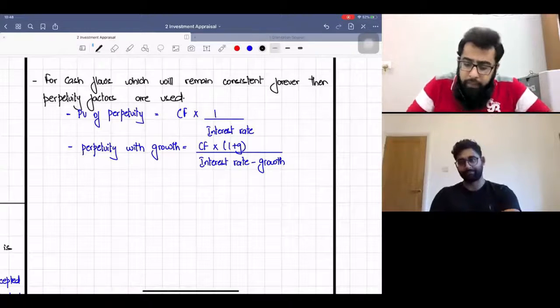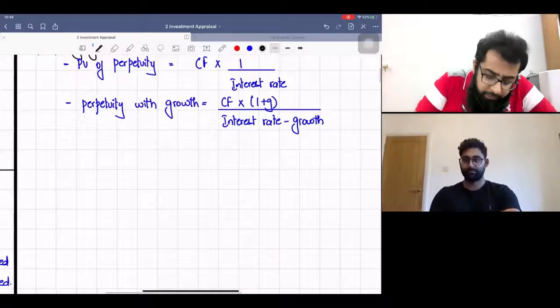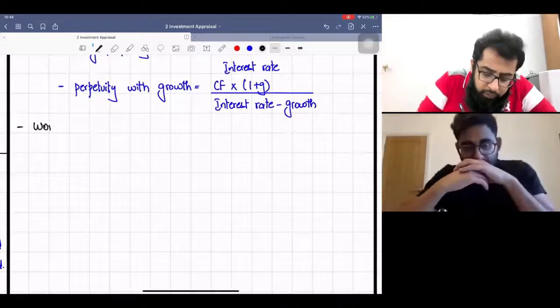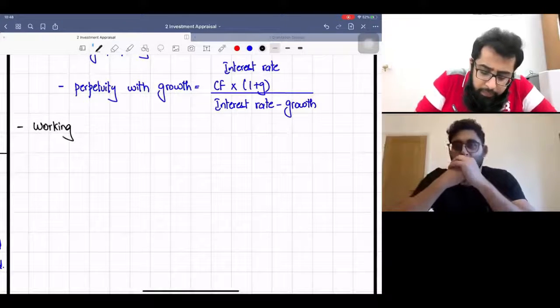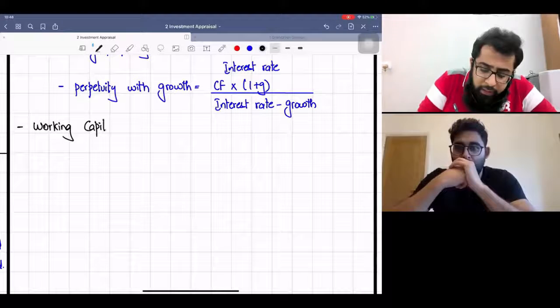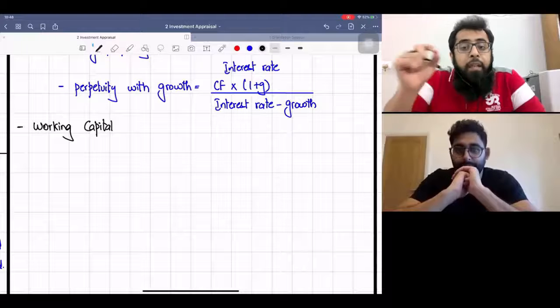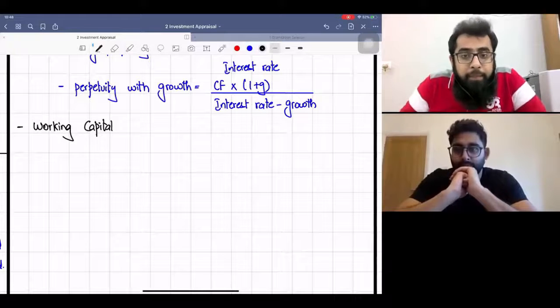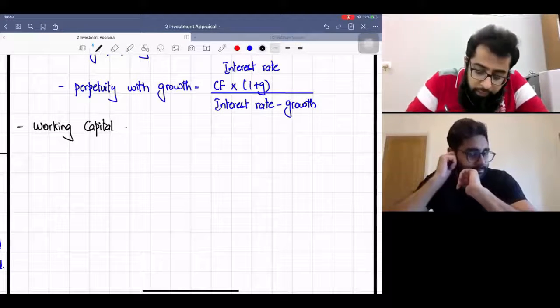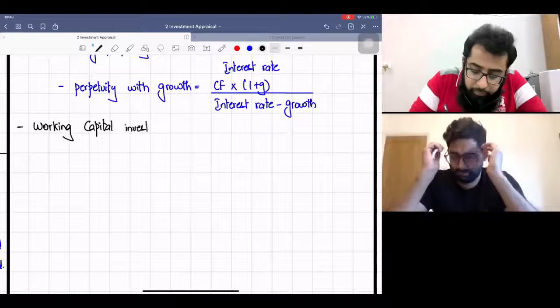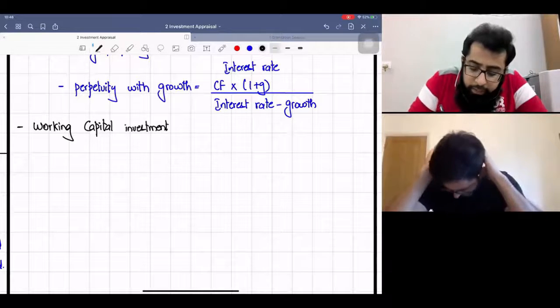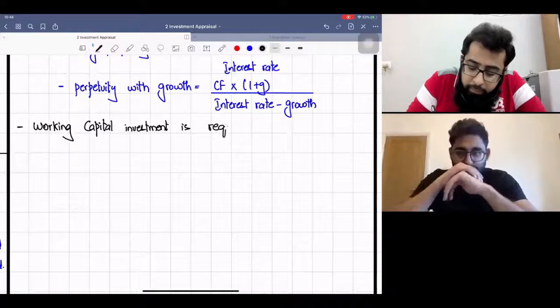Sometimes it is a one-off working capital investment, and sometimes it is incremental working capital investment, which is a percentage of sales. Working capital investment is required at start of year.